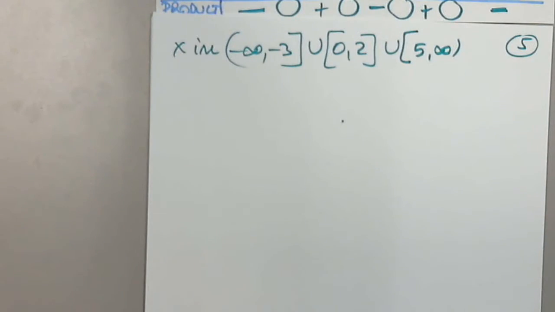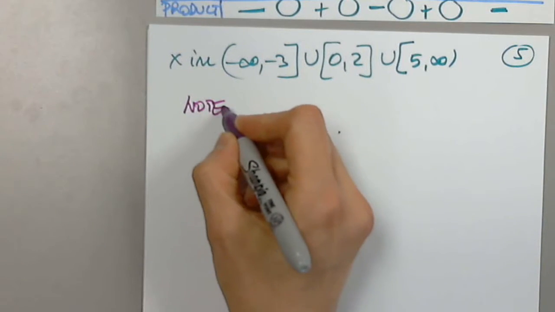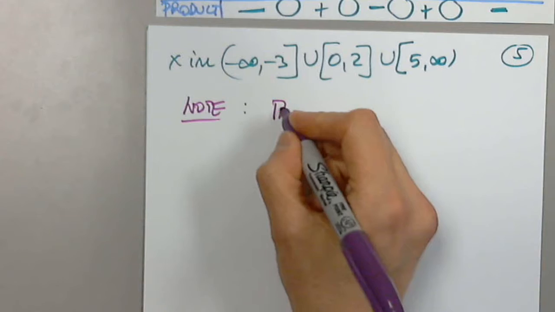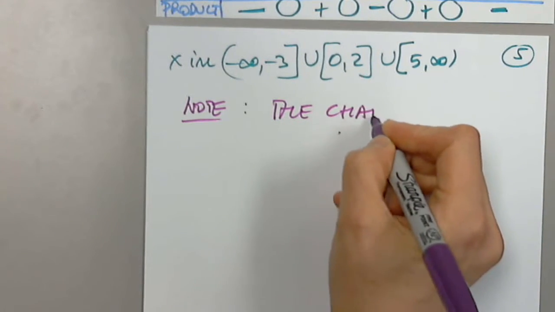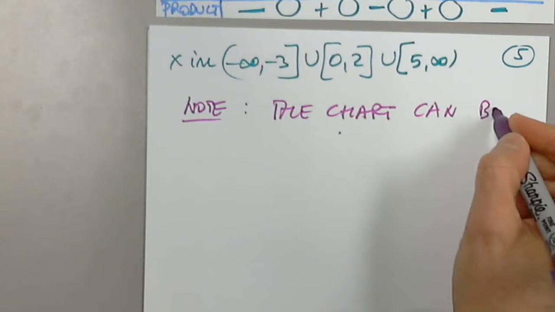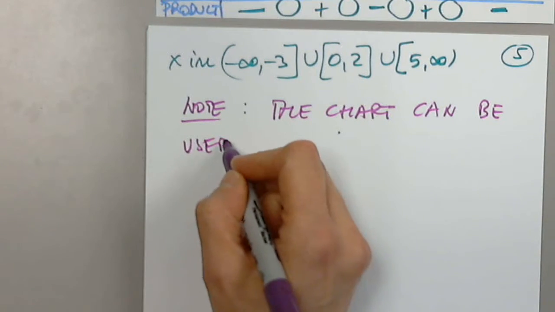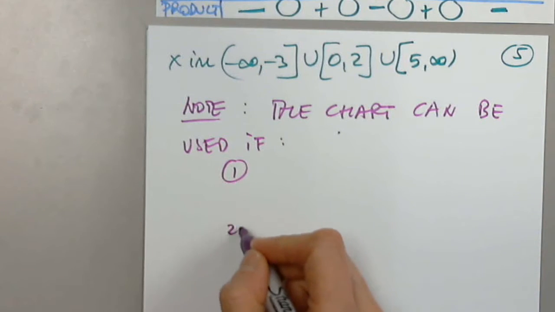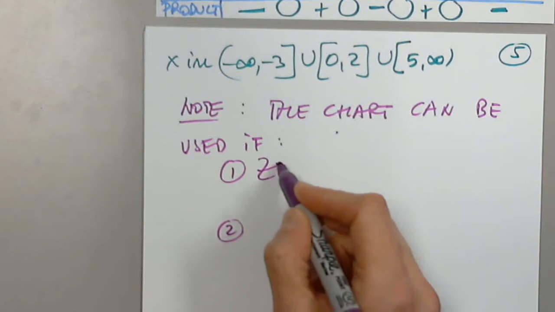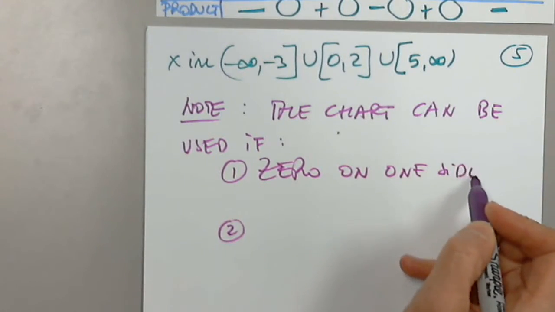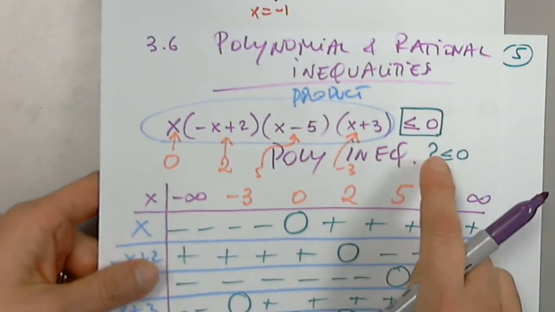Now, I want to write a note here saying this. The chart that we just completed can be used if two conditions are fulfilled, 1 and 2. 0 on one side. See the 0 on one side?